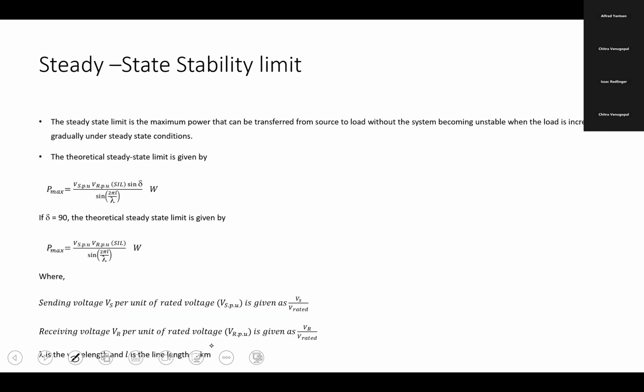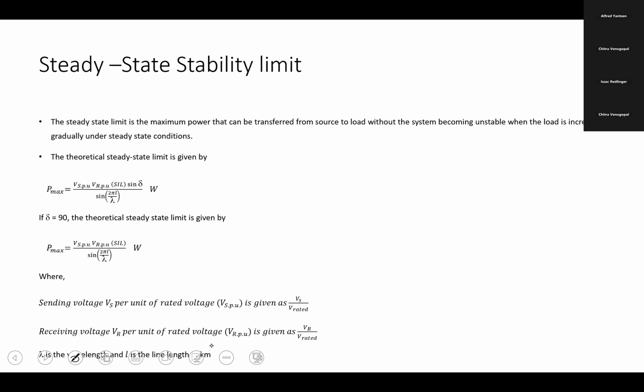Okay. So next is the steady state limit. What we have seen so far is when you can transfer the maximum power. Power transferred is maximum when the sending end voltage is equal to the receiving end voltage under theoretical conditions.